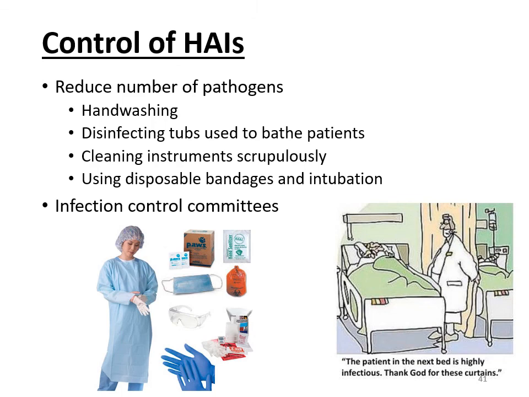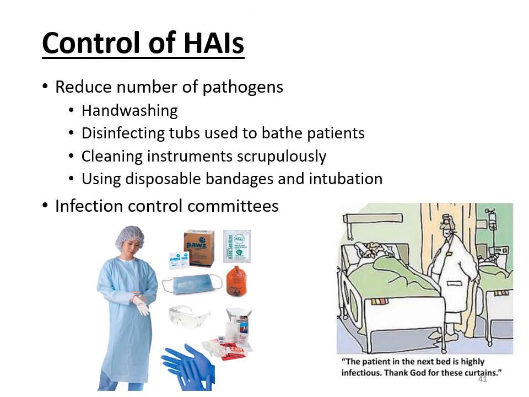Here we kind of summarize some various ways that can help control these various infections, these hospital-acquired infections. You want to reduce the number of pathogens as often as possible. So make sure to hand wash regularly. Use disinfectants on tubs or equipment.